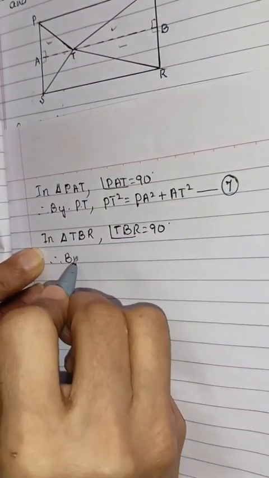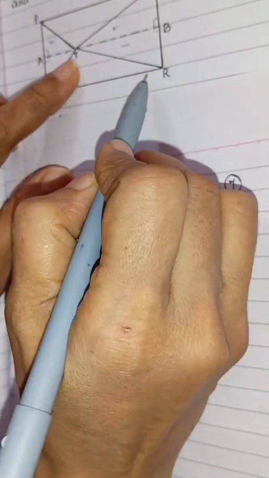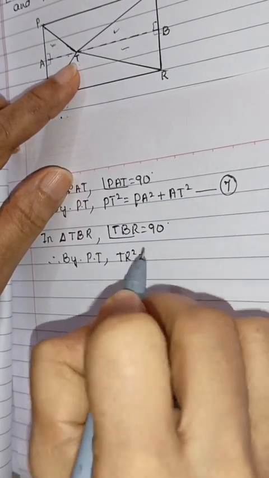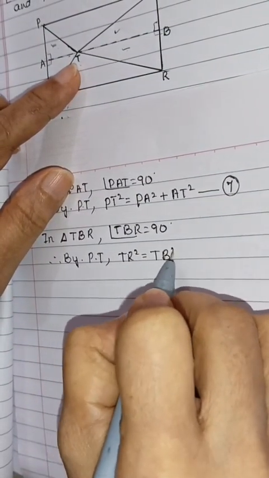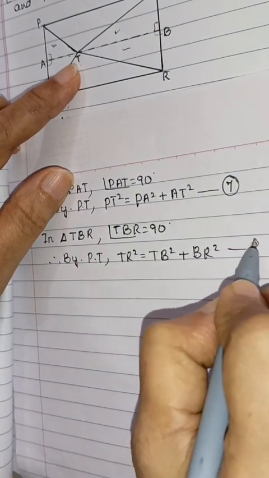Therefore, by Pythagoras theorem, B is a 90 degree, straight opposite is a hypotenuse. Therefore, TR square equal to TB square plus BR square. This is equation number 8.